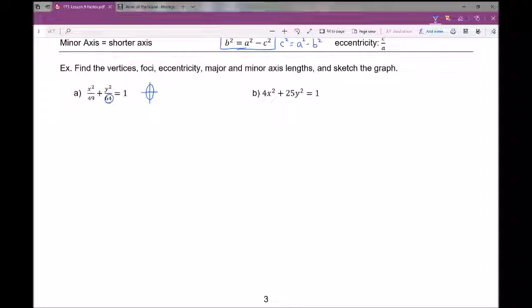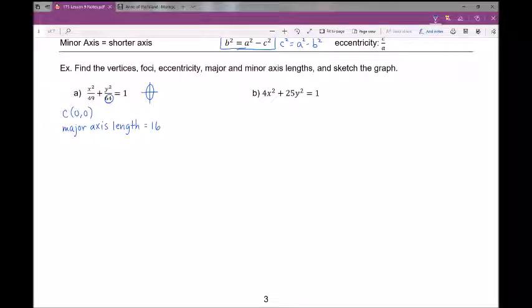Now our center is going to be 0, 0 because I have nothing added or subtracted from x and nothing added or subtracted from y. Now my major axis, we already said, is along the y-axis, and it's going to be of length 16.